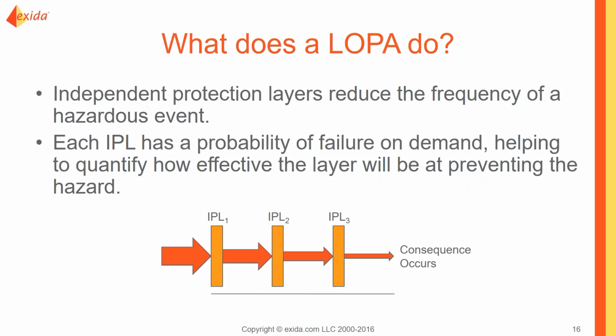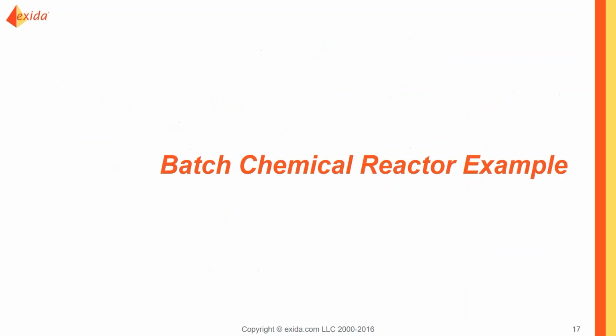They are used to evaluate the probability of failure on demand. This is a good measure of how effective your IPL is at protecting against the hazard. As you can see, the frequency of the hazard occurring decreases with each independent protection layer. I can show you how this is applied with an example.